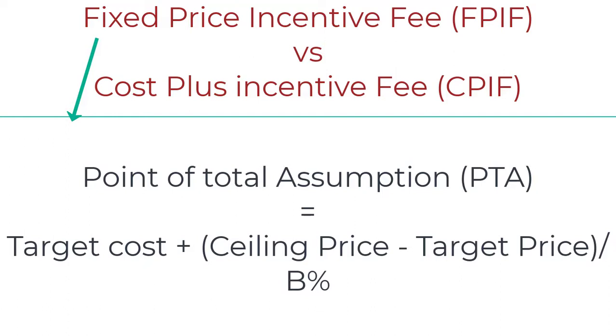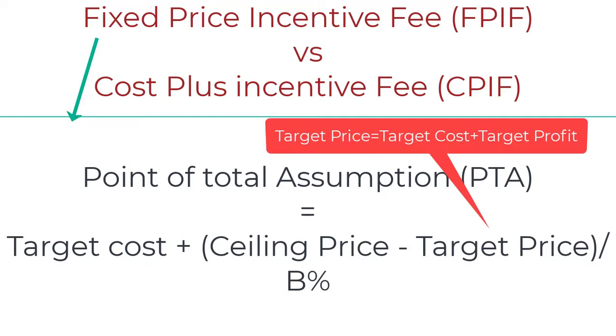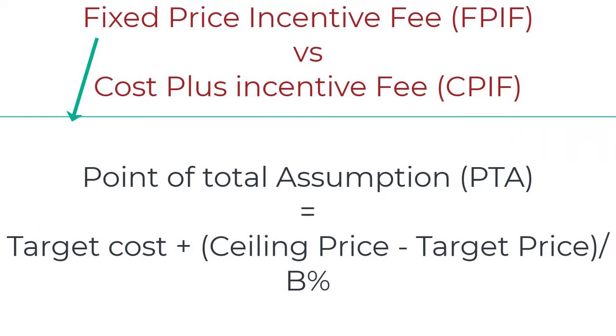The ceiling price is agreed in the contract. And the target price is actually target cost plus target profit, so target profit is also agreed upon in the beginning, divided by the share. So you get the point of total assumption from this formula.